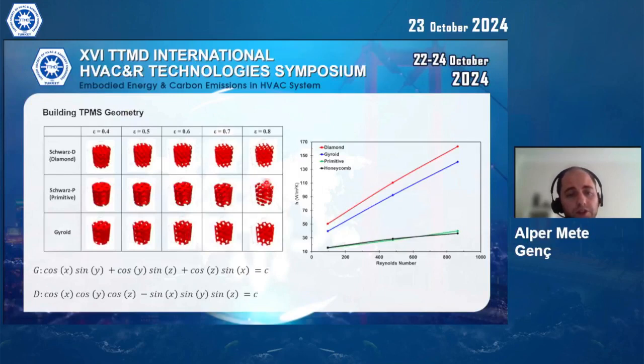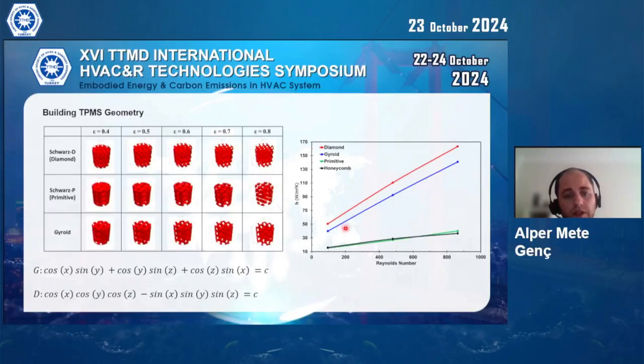As I mentioned, you can create these geometries using MATLAB or Mathematica. And you can see the diamond, primitive, and gyroid geometries at different porosity values. Actually, before this study, we performed CFD analysis.